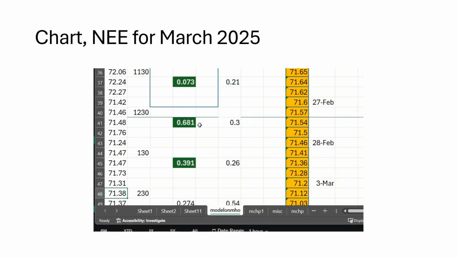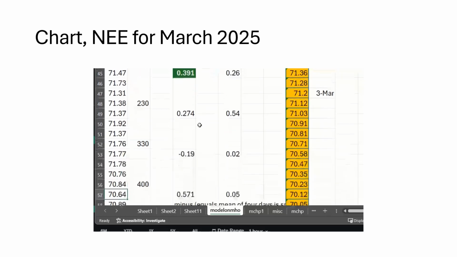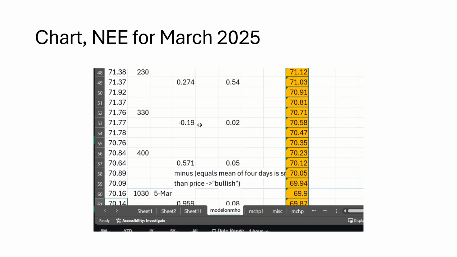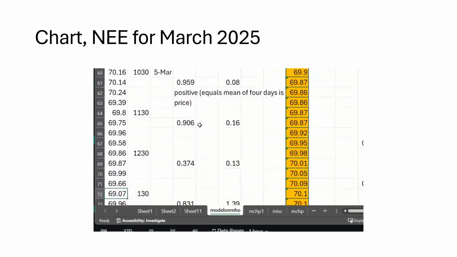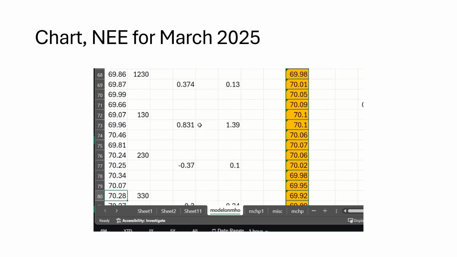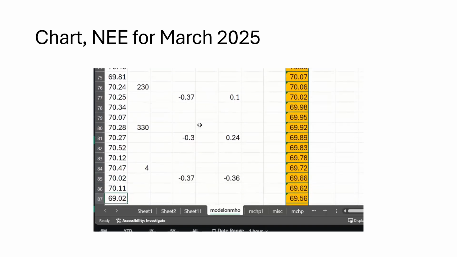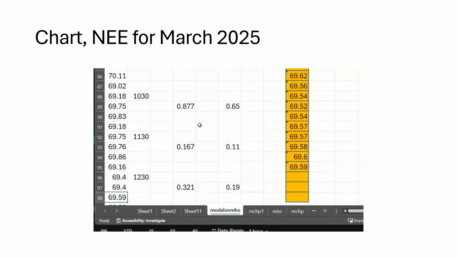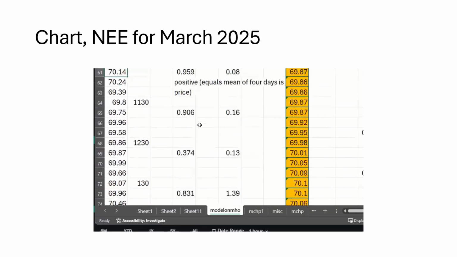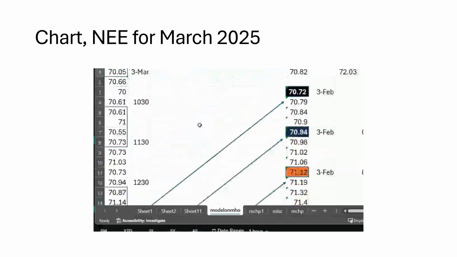That's the fourth. 71.32. 71.32 to 69, so it went down on the 5th, and today it went from 69.96, basically flat today, okay? Let's take it from the top and show you this algorithm, okay?